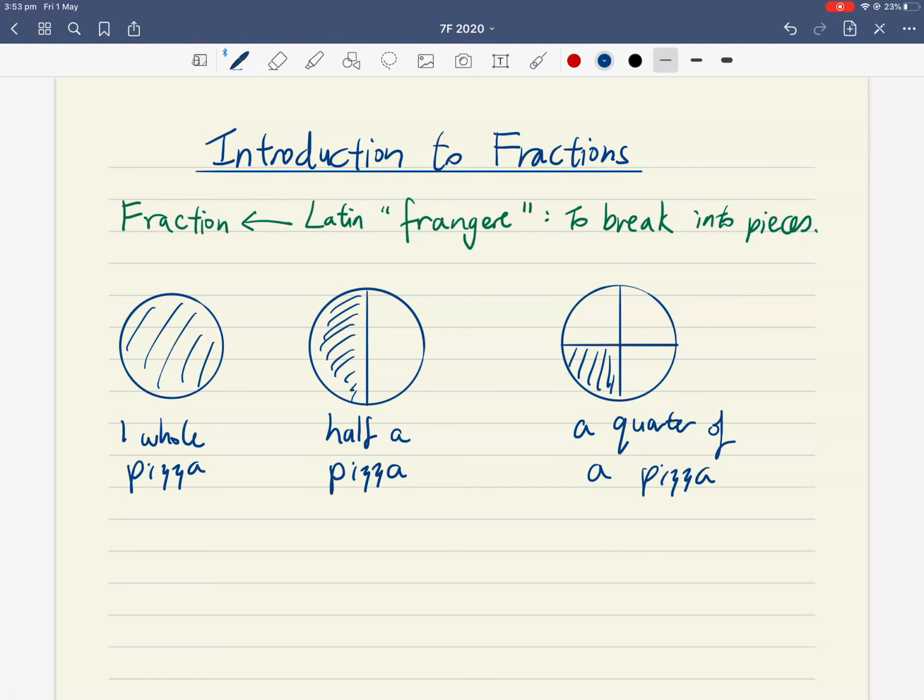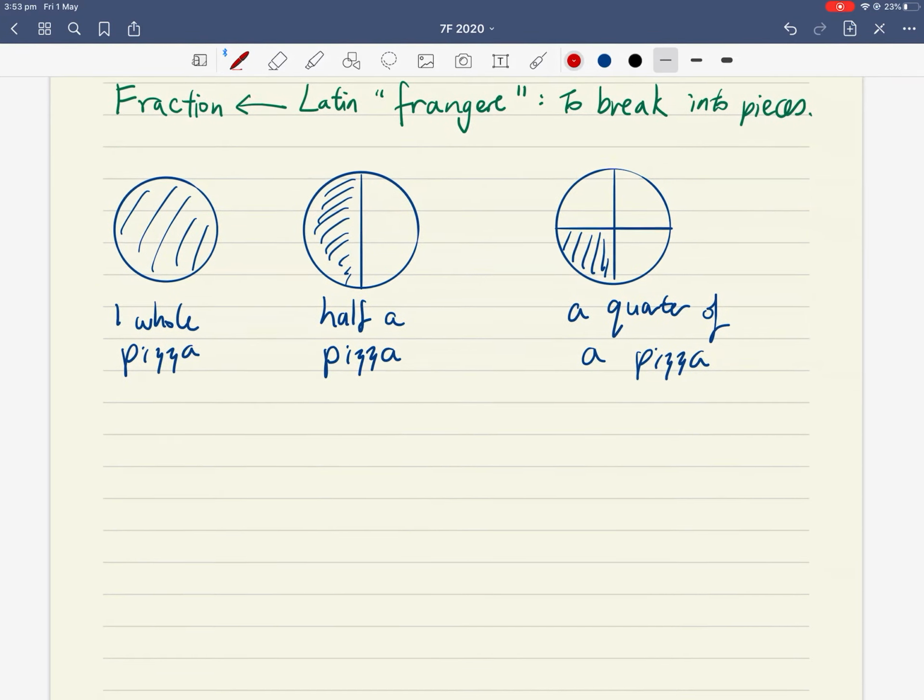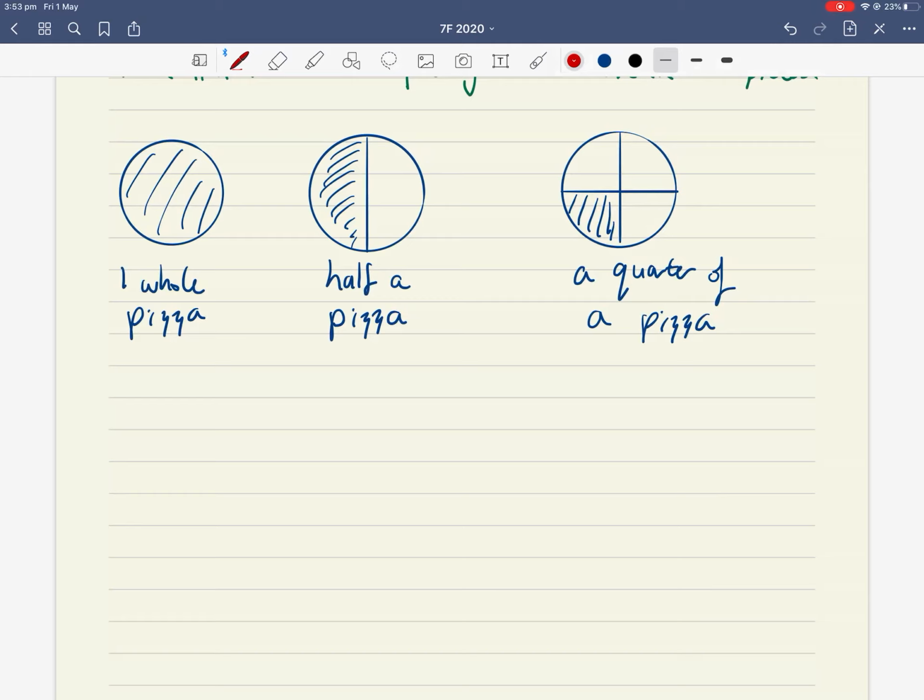So how do we represent in numbers a whole pizza, a half pizza, or a quarter of a pizza? So if we have one whole pizza, we have one slice, like one whole slice, right? If you had half a pizza, you now have 2 slices because you cut your pizza in half, and then you take one slice out of the 2 pieces. So this is how we write a fraction.